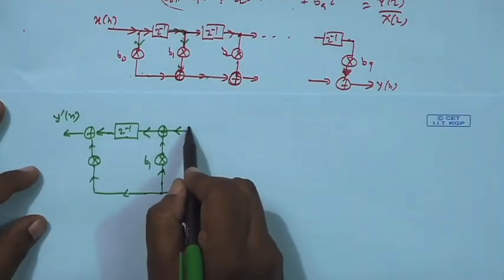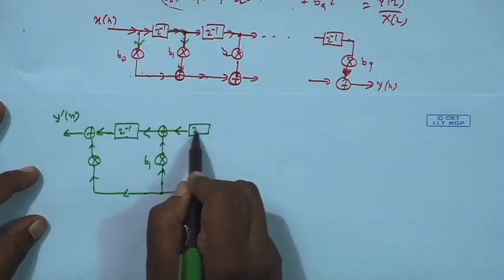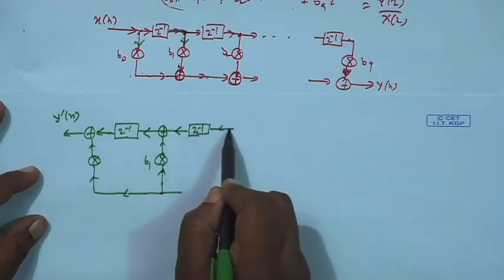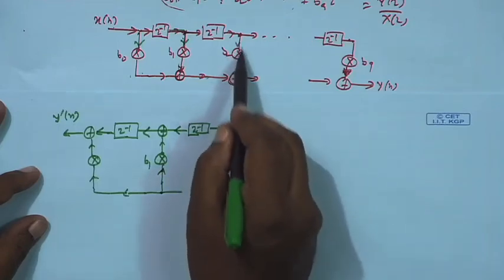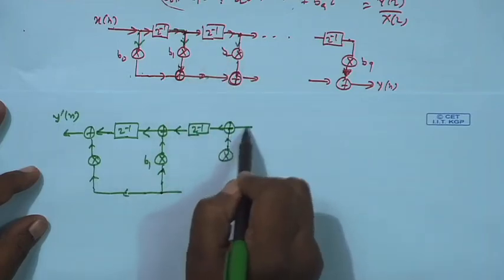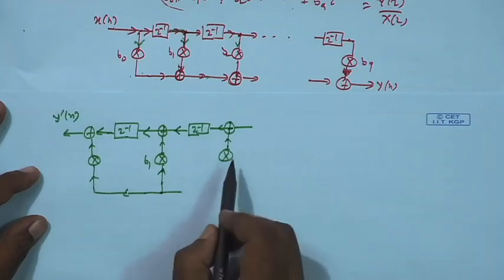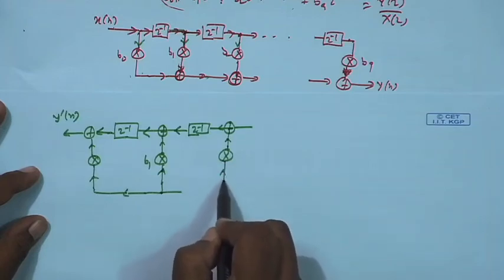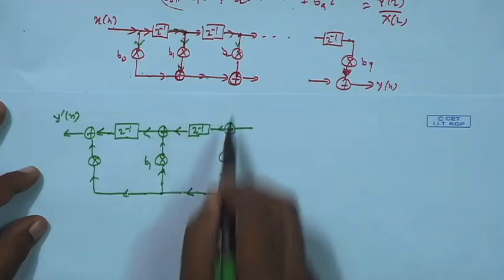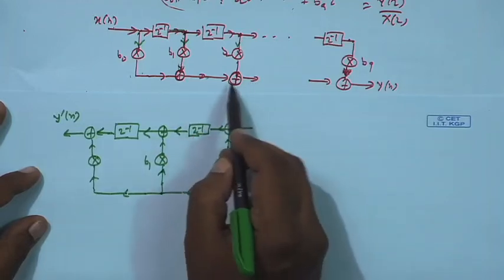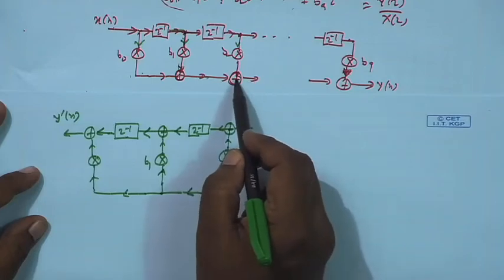Okay. See, the arrow reversed, there will be an adder. Arrow reversed, this again becomes a branching point, because it was an adder. This arrow reversed, this arrow reversed, this arrow reversed.